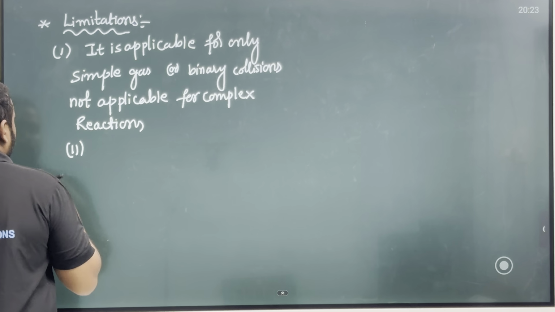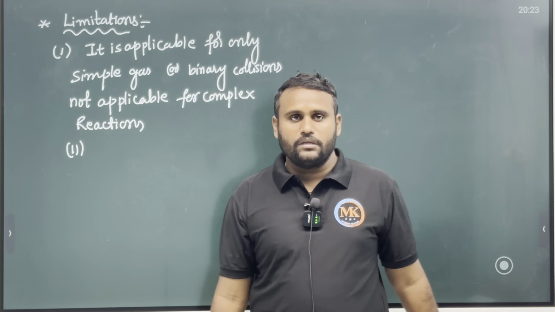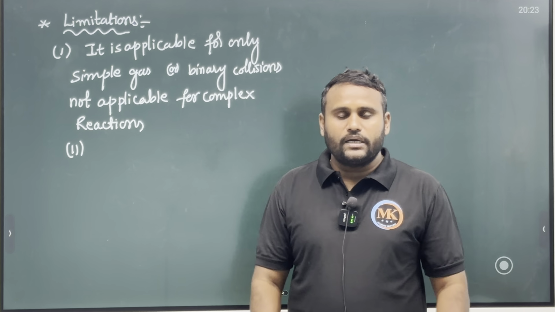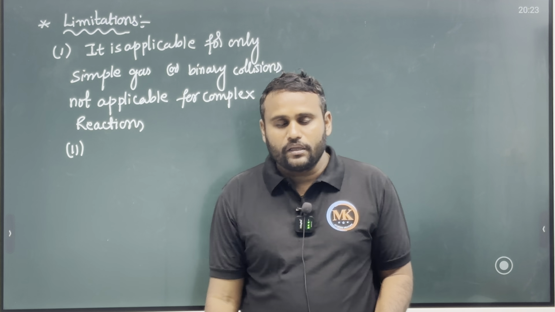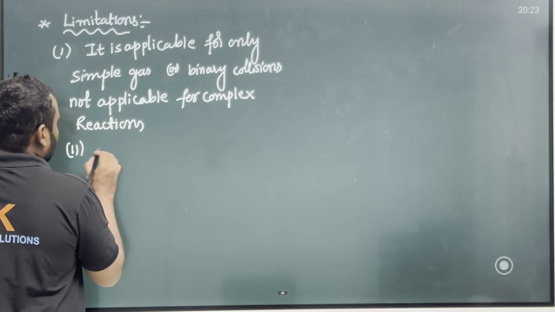Collision theory will not consider bond breaking and bond making. What is it going to do? It is not at all going to consider bond breaking and bond making in reactant and product molecules.